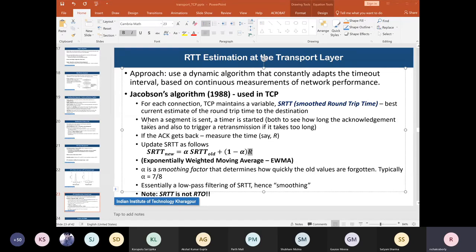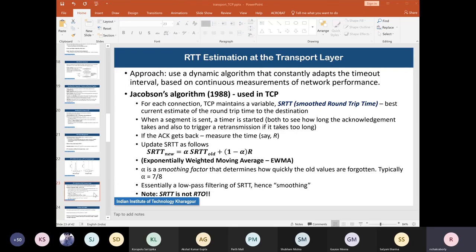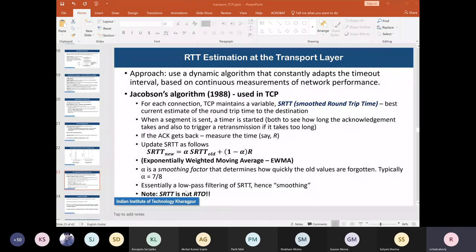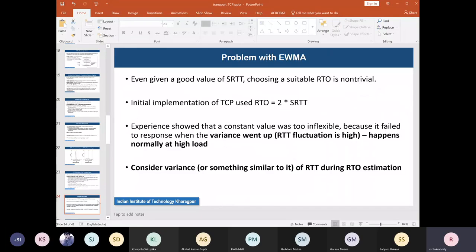So this is basically about SRTT. However, SRTT is not RTO. SRTT is not the timer round trip timeout interval. So what to do?